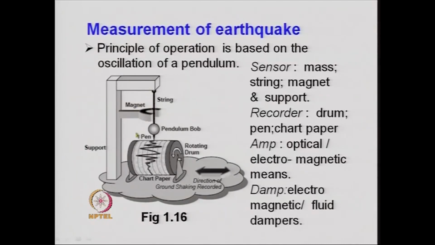Because of this relative movement between the bob and this entire setup, the pen attached to the bob makes a trace on this chart paper of the movement of the ground.